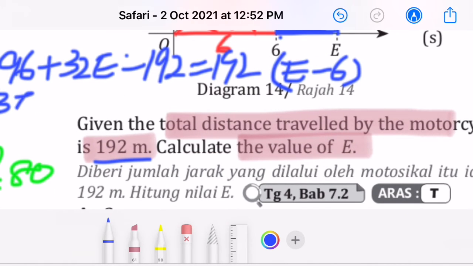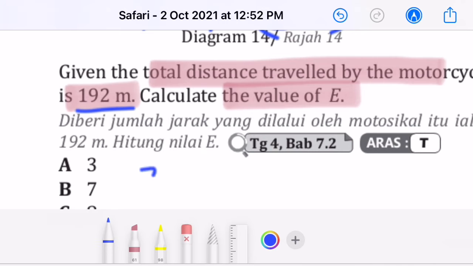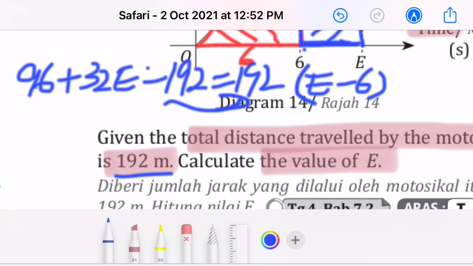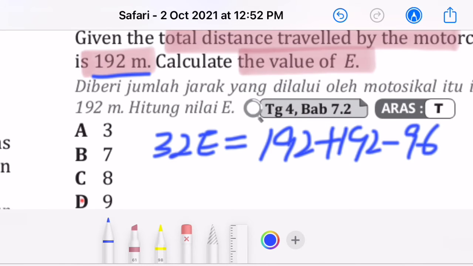So 32E is equal to, we bring this one over: 192 plus 192 minus 96.